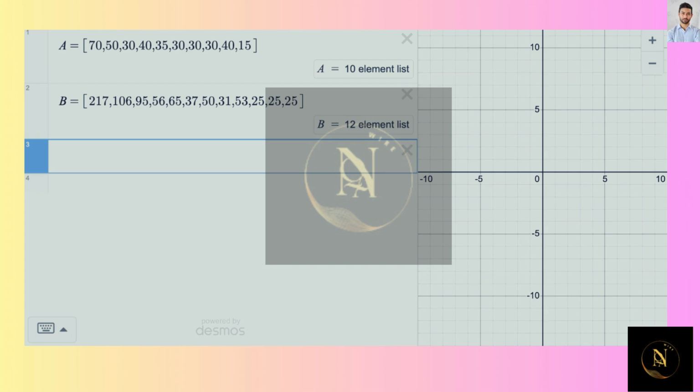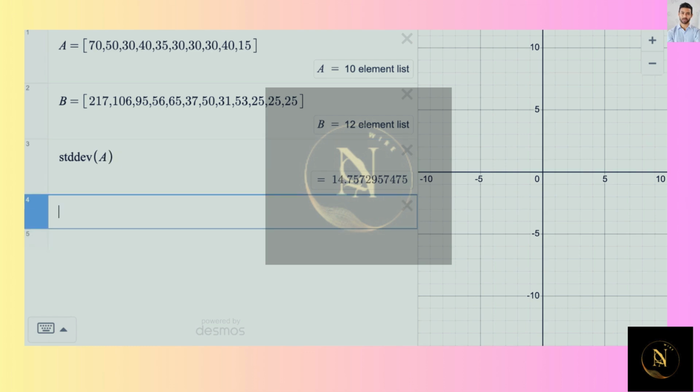Now you need to find the standard deviation of each one. With the Desmos graphing calculator, you can just type standard deviation, and we want to first find it of set A. What the standard deviation is doing is finding the mean, which we can also calculate by hand by adding them up and dividing by how many there are.